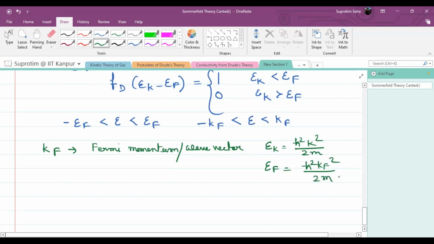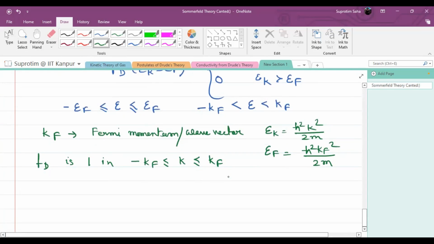The wave vector corresponding to the Fermi energy is kf, and we call it the Fermi wave vector or the Fermi momentum. So finally, the Fermi-Dirac distribution is 1 for k between minus kf and plus kf.